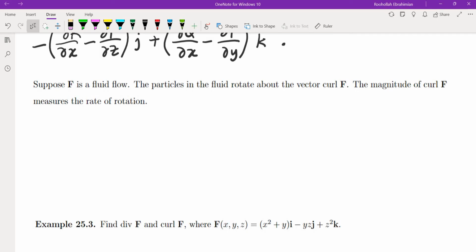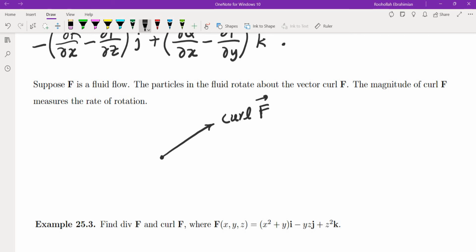Suppose that F is a fluid flow, so let's say it is the velocity of a fluid. Then the particles in the fluid rotate about the vector curl of F. So if you look at a point and let's say the curl is like this, what does it mean?